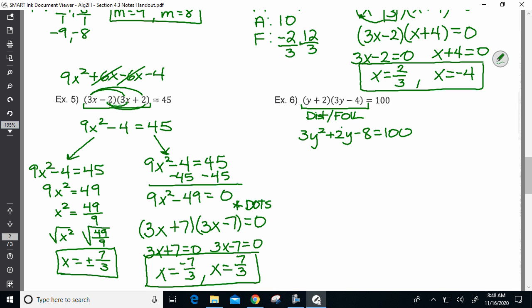That's not what happened in example 5. The middle term dropped out. So since there's now a middle term, there is no way around it at this point. If we're going to factor, the first thing that has to happen is move that 100 over. 3y squared plus 2y minus 108 equals 0. We subtracted 108 on both sides. That's how that happened.